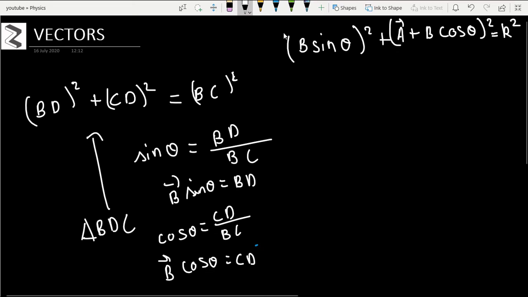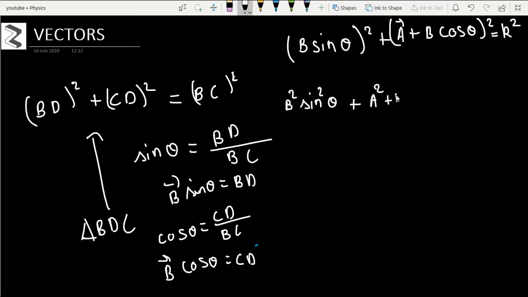So if we expand this equation, we'll get B square sine square theta plus A plus B cos theta whole square. So it will become A square plus B square cos square theta plus 2AB cos theta is equal to R square.